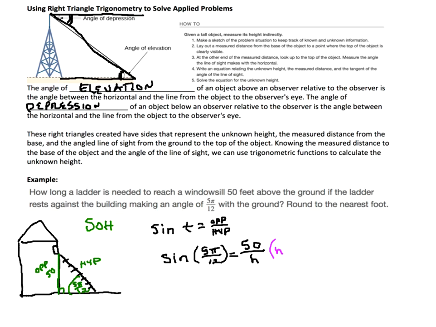So to do that, I multiply both sides by h, and now I have h times the sine of 5 pi over 12 equals 50. And now I need to divide both sides by sine of 5 pi over 12.